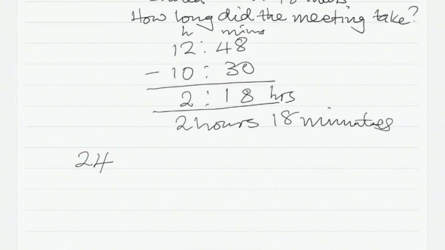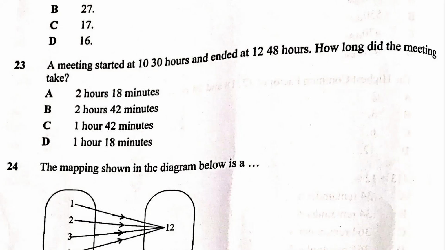Now we shift to question number 24. Question number 24 says, the mapping shown in the diagram. If we look at the mapping itself, the way it is like this, meaning 1, 2, 3, and 4.